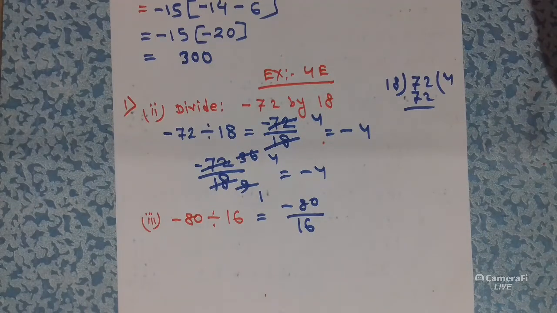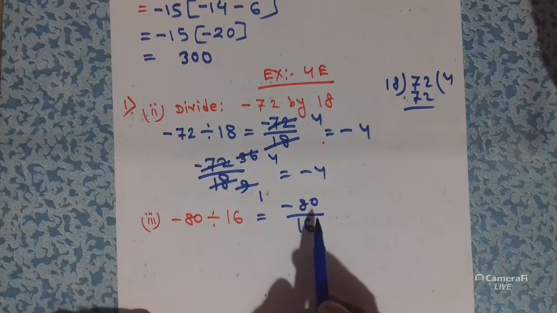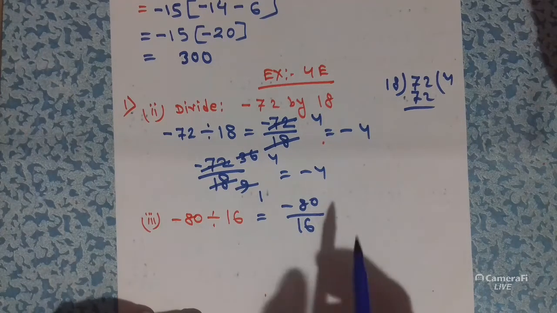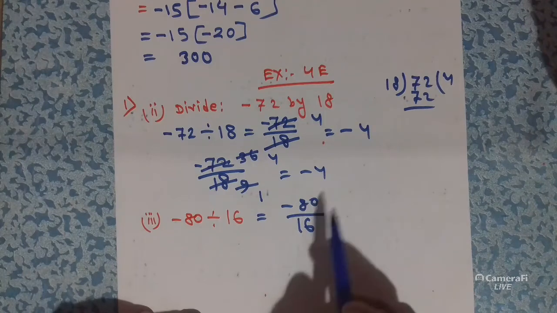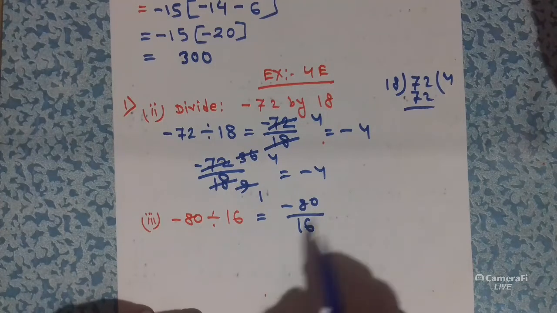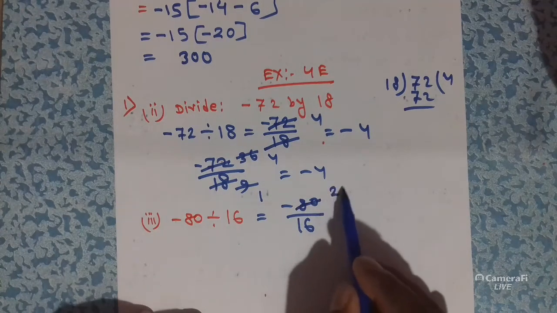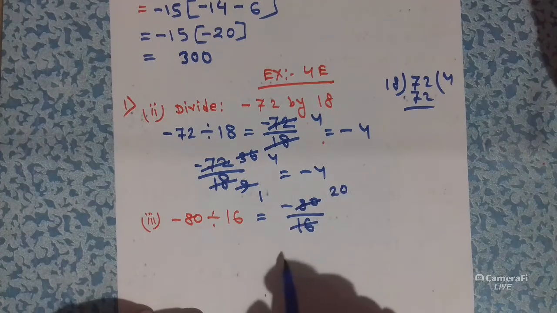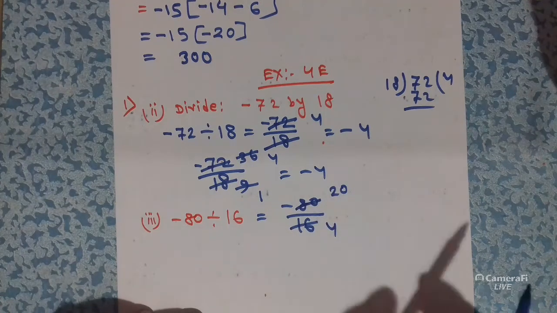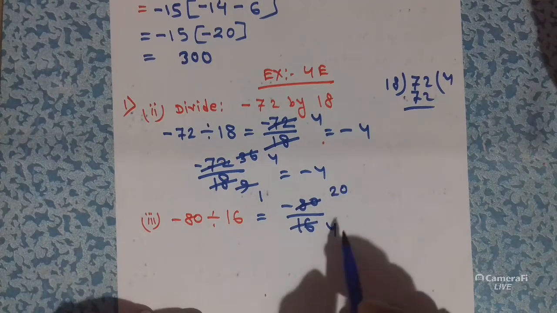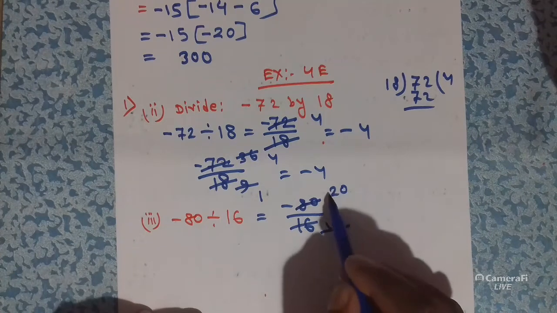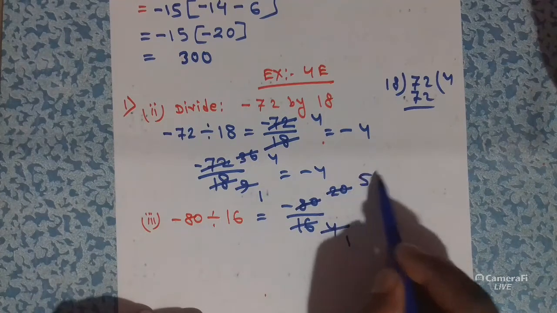If we want to solve it directly, we can divide both the numbers by 16. So if we divide 80 by 16, it will be 5. Or else you can divide part by part. So at first we can divide 80 and 16 by 4. So 80 divided by 4 is 20 and 16 divided by 4 is 4. Again we can divide 20 and 4 by 4. So 4 divided by 4 is 1 and 20 divided by 4 is 5.